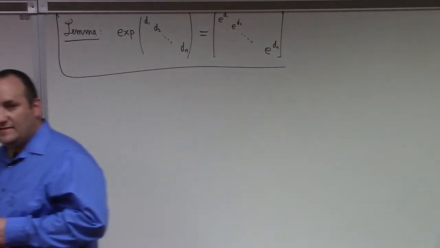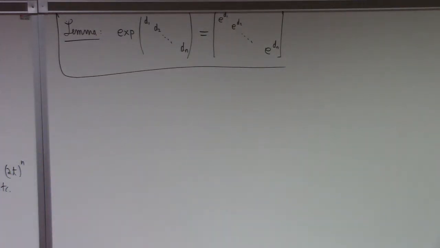On the left-hand side of this equation, I'm talking about the matrix exponential. On the right-hand side, I have an ordinary matrix with exponentials, just from calculus 1 or even pre-calculus.